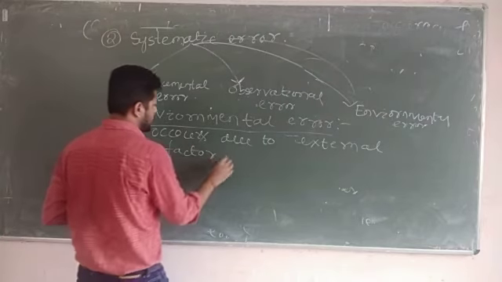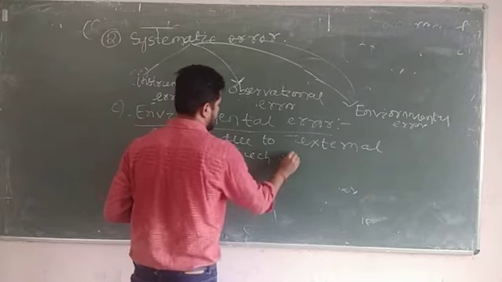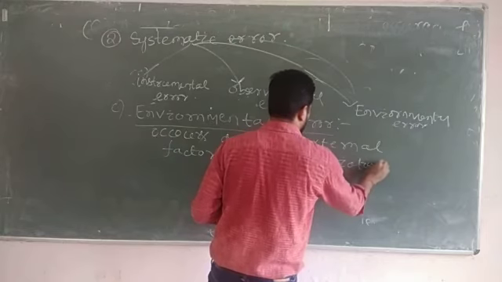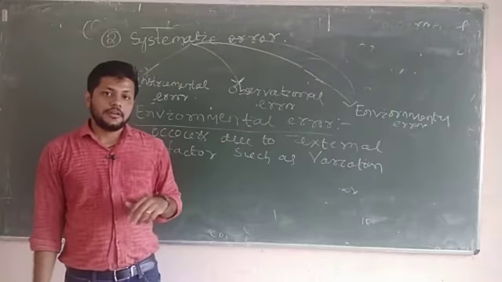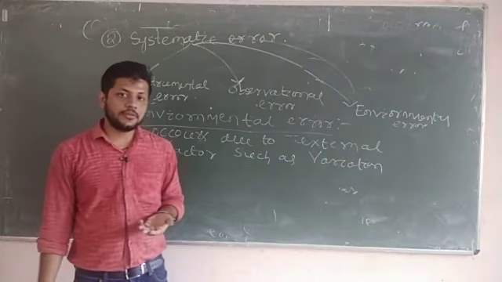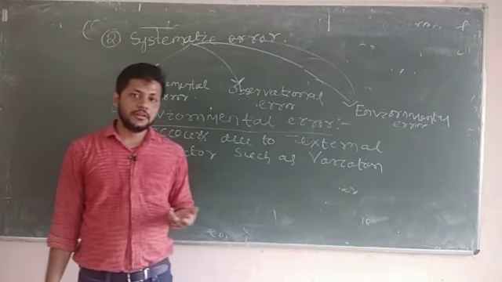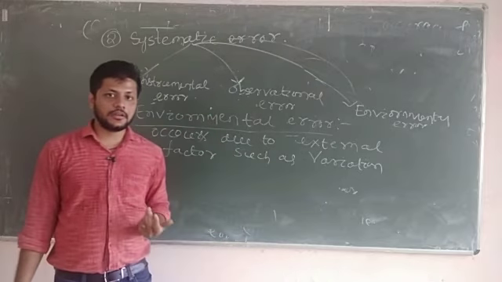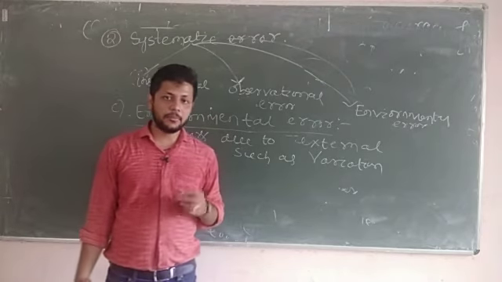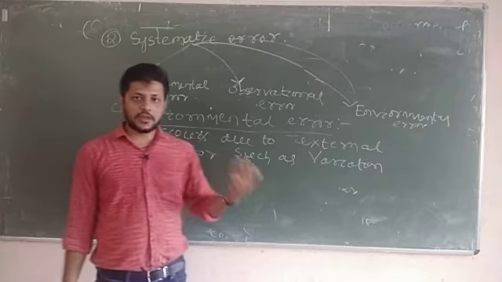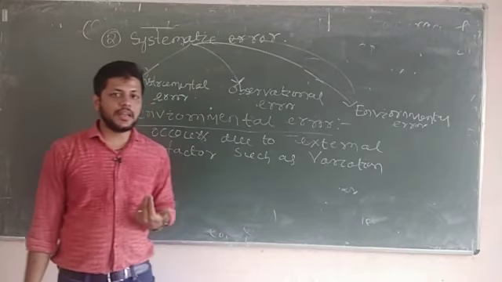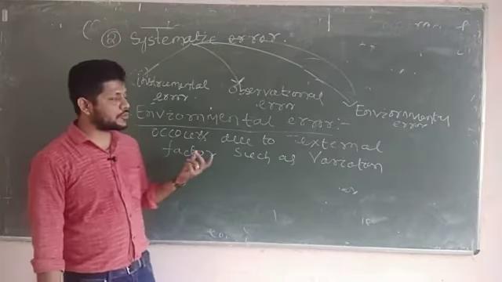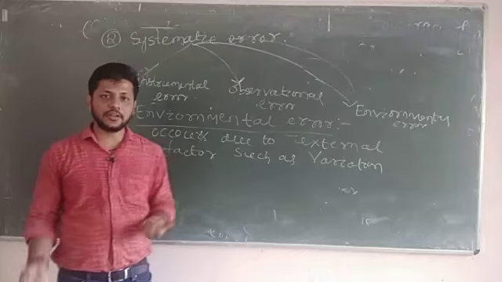For example, if you are measuring current at 9 am and the reading is 5 ampere, but when the temperature varies, at 12 pm, measuring the same current across the resistor, the reading is less than 5 ampere. This error occurs due to the environmental factor, that is, the temperature variation.